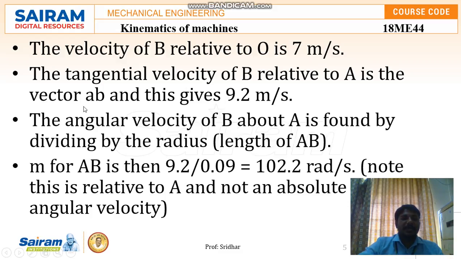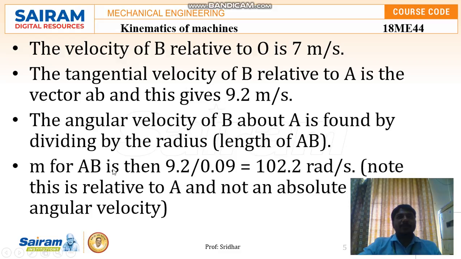Now the angular velocity of B about A, we need to find out as the second condition. One is the tangential velocity of B relative to A, vector AB, which gives us 9.2 meters per second. Similarly, the angular velocity of B about A is found by dividing by the length AB.